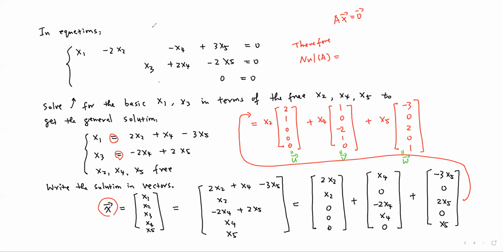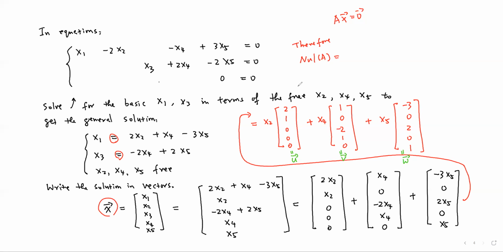Another question coming. X3 is negative 2, yes, correct. Null space by definition, always keep the definition in your mind.